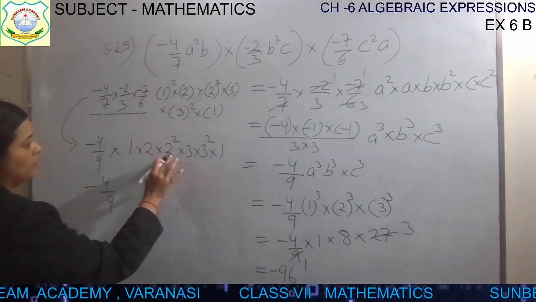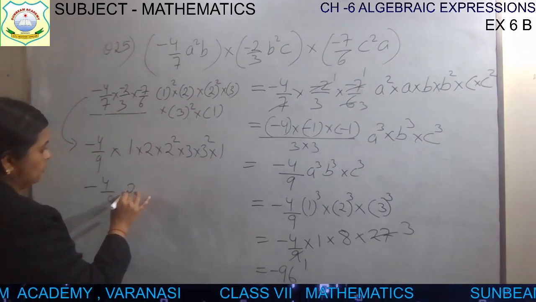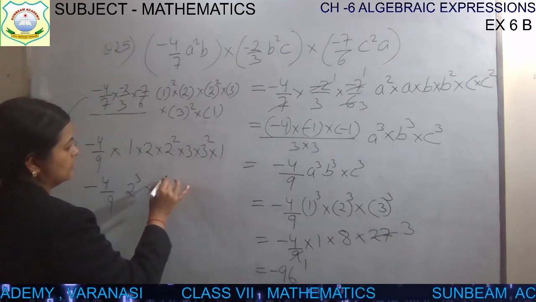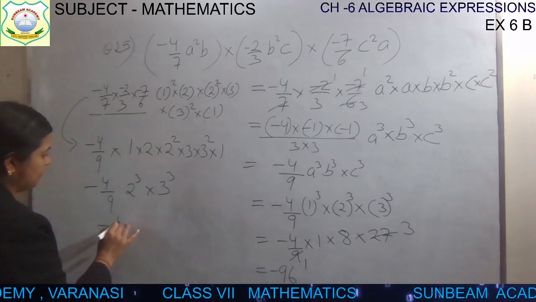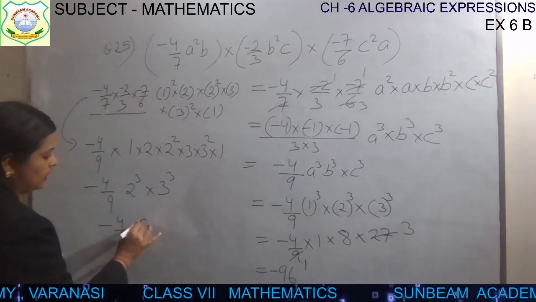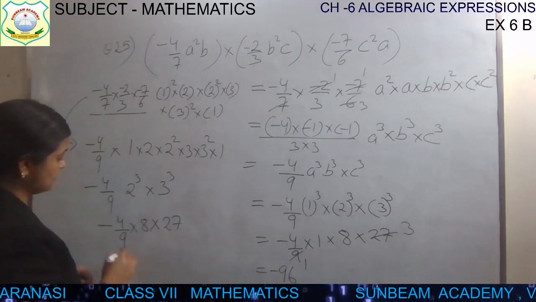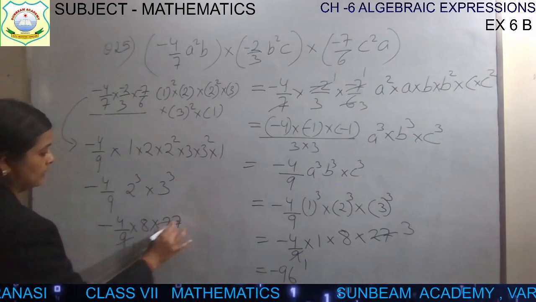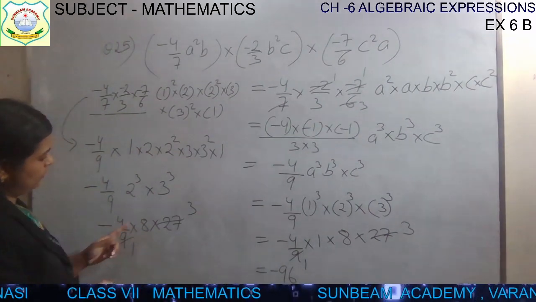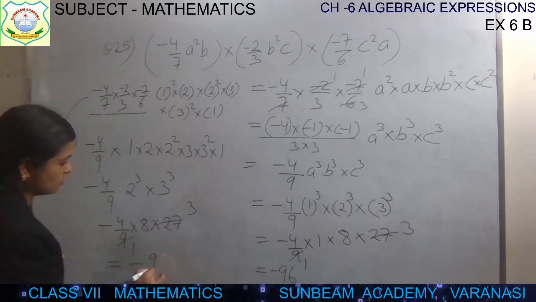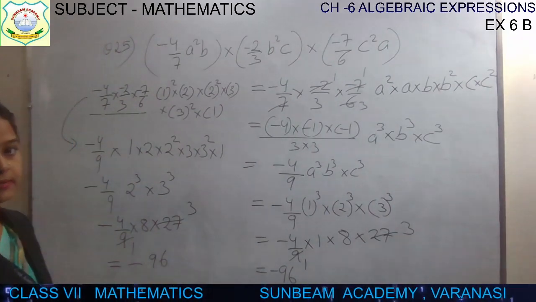See, 2 into 2 to the power 2, so this will be 2 to the power 3, and 3 into the square of 3, this is 3 to the power 3. So this becomes minus 4 by 9 into 8 into 27. See, the same is coming, the same answer is coming. 9 3s are 27. So 4 3s are 12 and 12 8s are 96. So its answer is also minus 96.